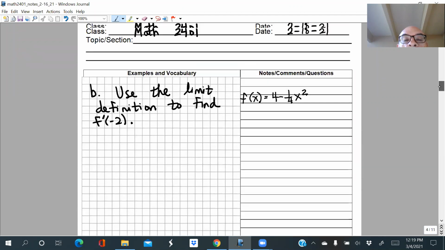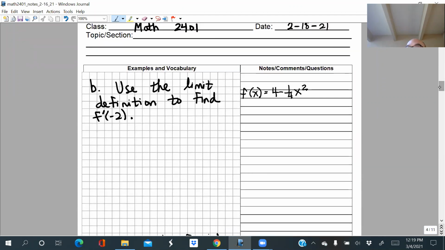All right, so how do I start the process? That is almost 50% of getting this correct. What do I write down first to start this off? So f prime of -2, the instantaneous rate of change at -2, is going to begin with what word? The limit.